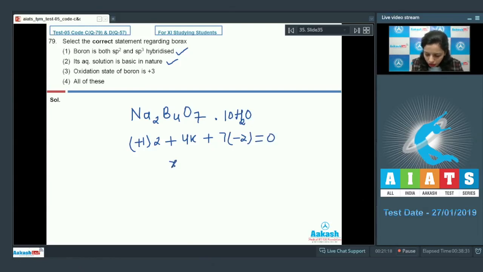So x is equal to 12 by 4, that is +3. This statement is also correct. On that basis, all the statements are correct, and the answer is option 4.